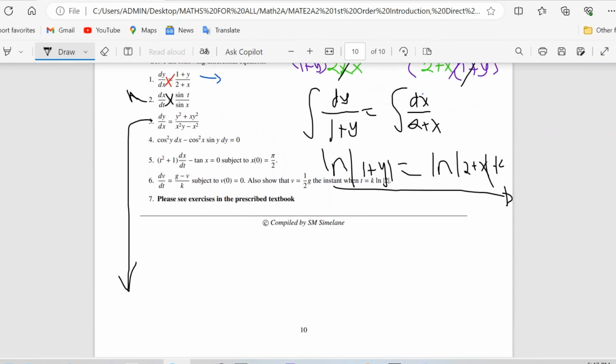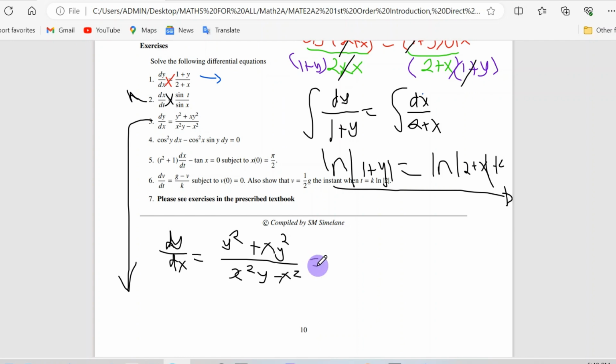Now we have dy over dx is equal to (y squared plus x y squared) divided by (x squared y minus x squared).